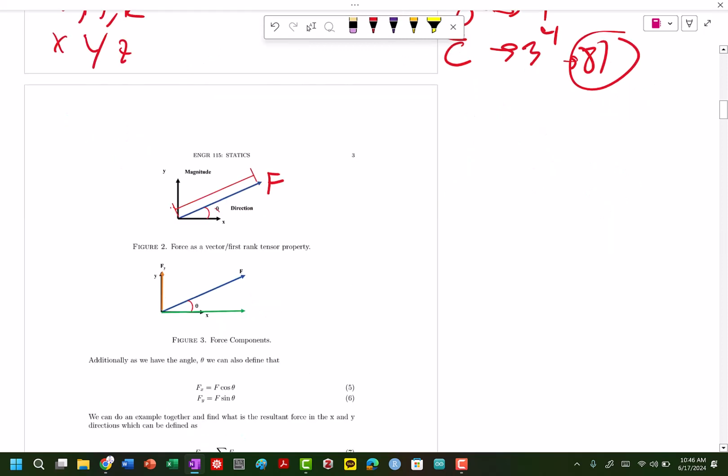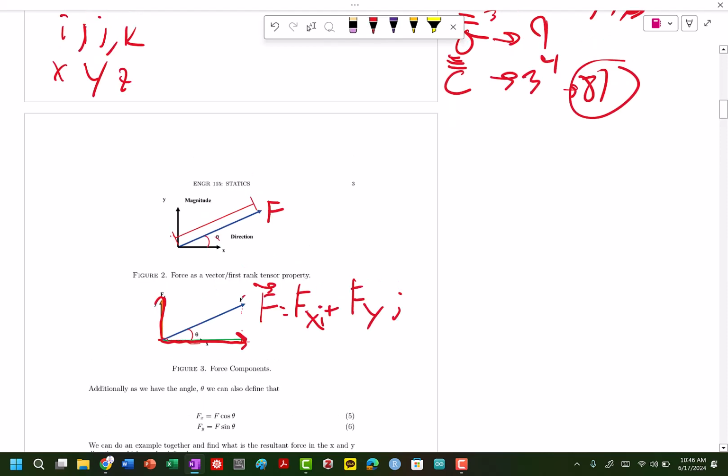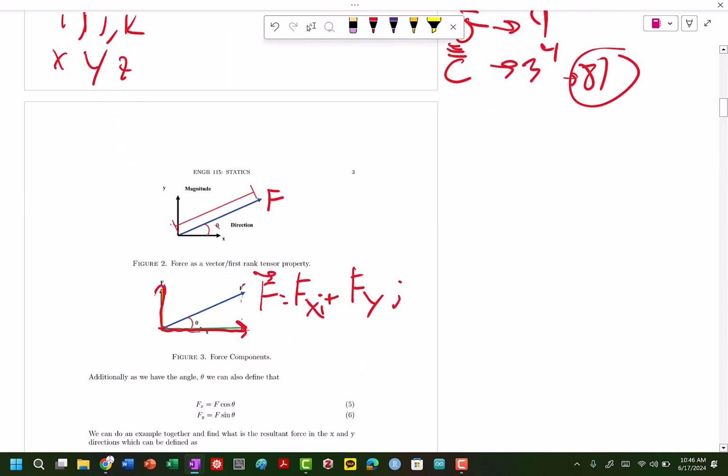So specifically, this force, we're going to project into an x direction, because I can basically write out this plus this vector here. If I add my fx plus my fy, in the i and the j direction, it will give me f. So it's just equal to this. We can break this down into components, so we're going to project it here.